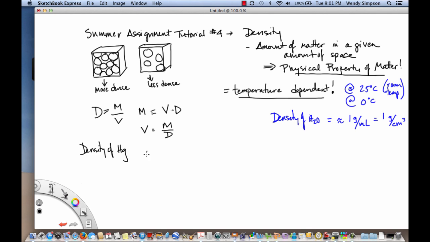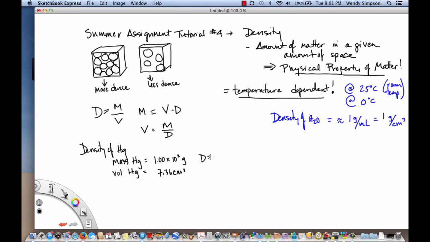So let's go back to our density of mercury problem. If the mass of mercury is 1.00 times 10 to the second grams, and the volume of mercury is 7.36 centimeters cubed, then I can find my density.